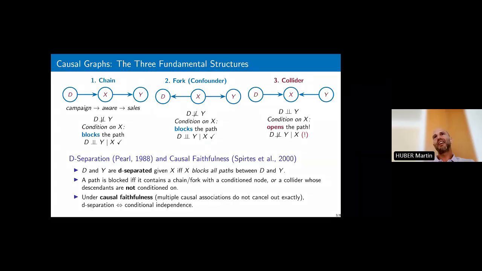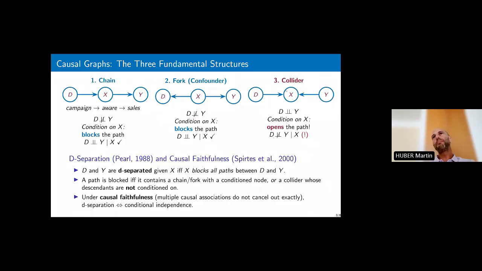And in this case, originally, the campaign does not have any statistical association with sales. But now what happens if I only compare individuals with the same level of awareness? I suddenly introduce a statistical association between the campaign and the sales.